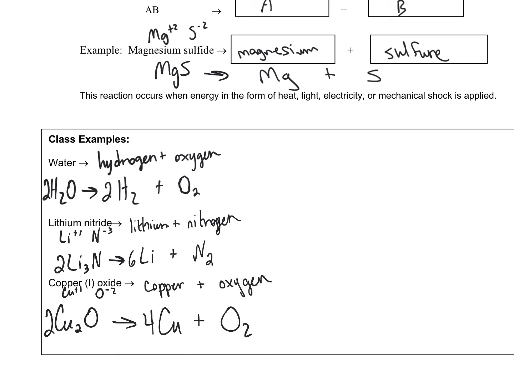Now notice that in the compound, these things all have charges. But as elements, they do not have any charges. So for copper, you have copper 1 while it's in the compound, but once it's a free element, there is no charge written next to your copper.